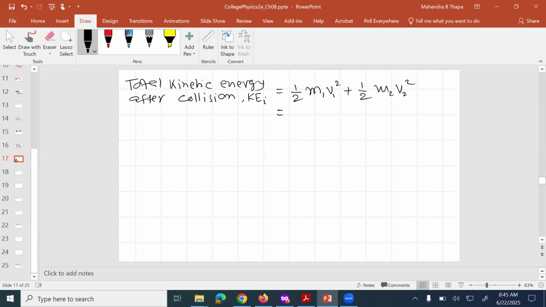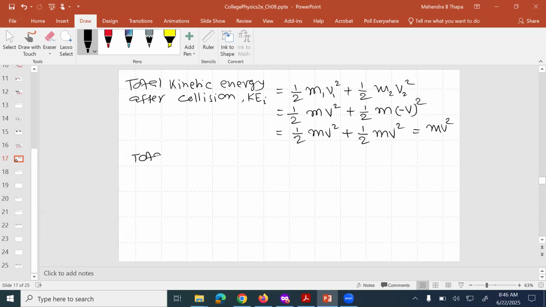In our case, v1 is replaced by v, squared, plus half m, minus v squared. So that equals half m v squared plus half m v squared. So that equals m v squared. So this is the total kinetic energy before collision.